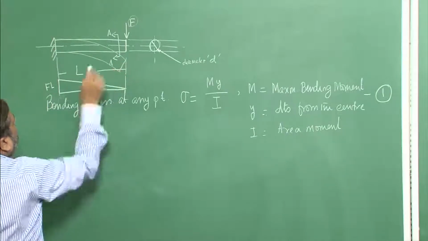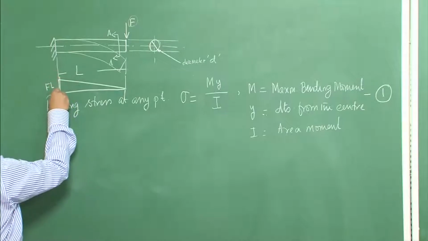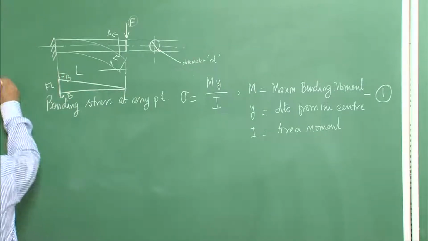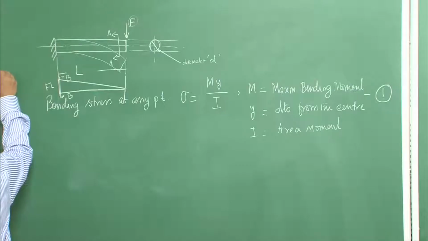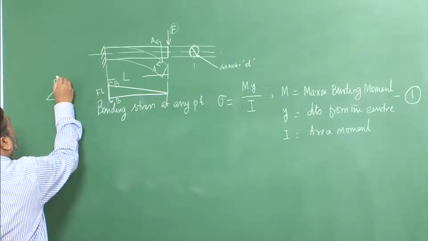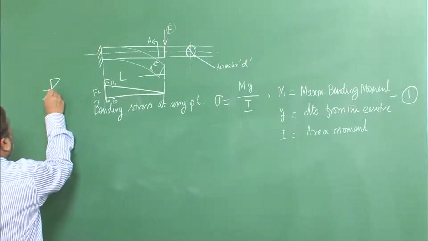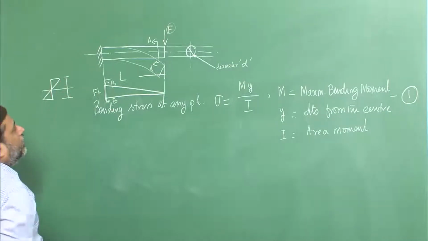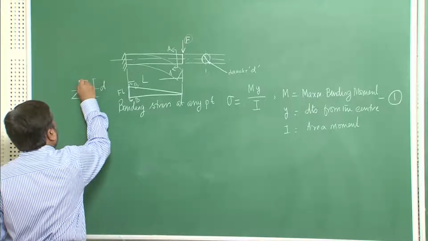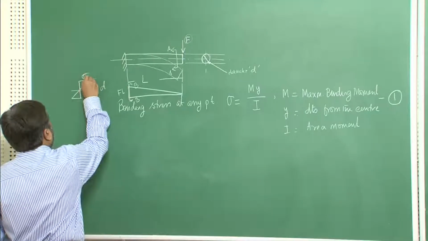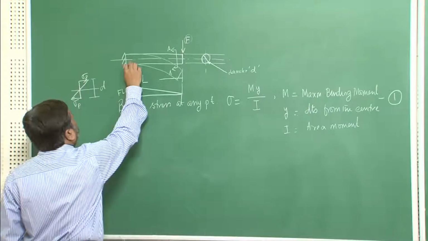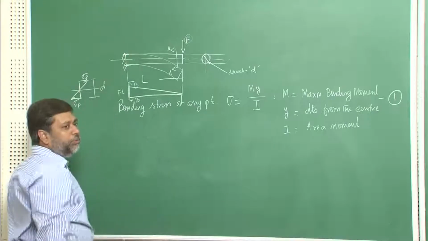If I consider a section BB very close to this support and look at the state of stress, this is the bending stress, where the total distance is the diameter D. The maximum stress, sigma peak, happens at the two extreme fibers, at the two edges of the beam.